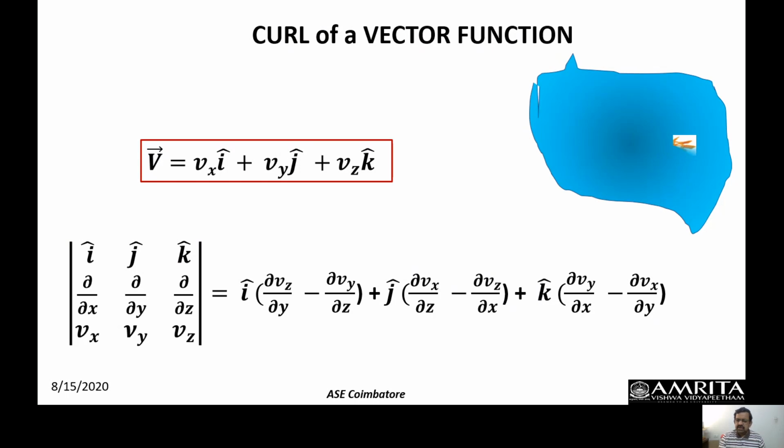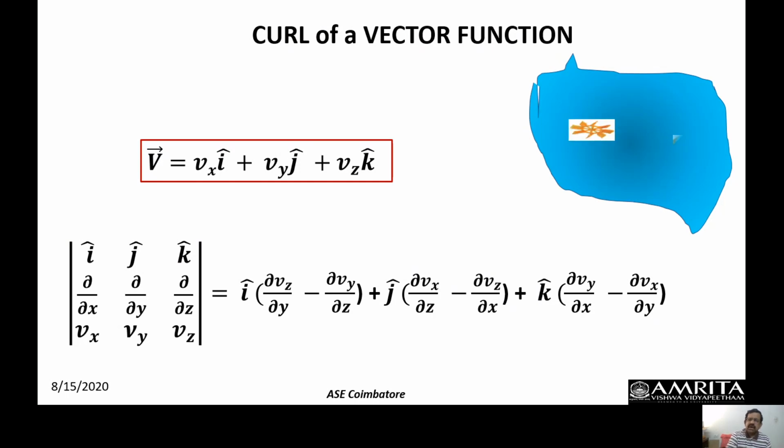So you can see the curl here, and not necessarily will the curl be of the same magnitude. At another point here also the paddle wheel rotates about that point. In both cases I have shown clockwise rotation.